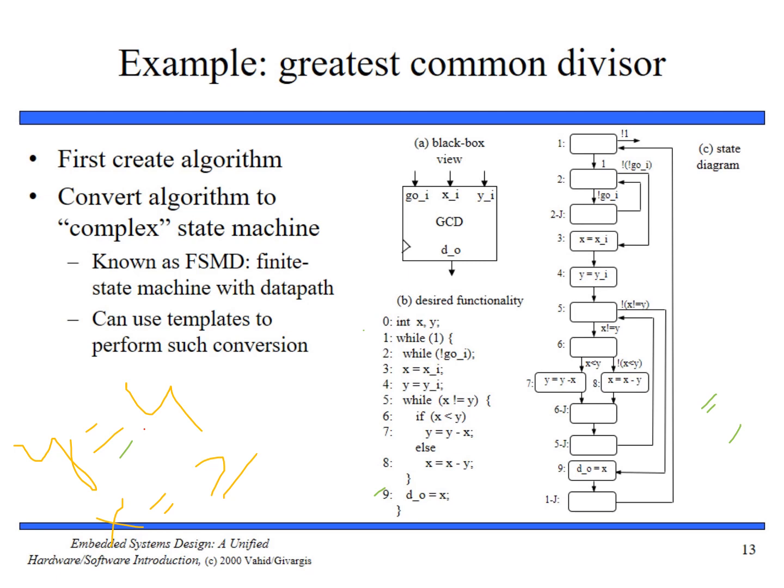Yes, so y will become 2, and x is already 2. So again, while x is not equal to y: now y and x both are equal, 2 is equal to x, which is 2. So this is how you compute.